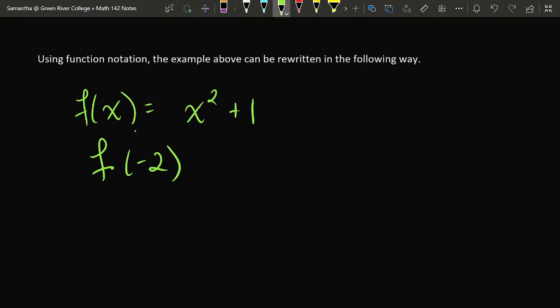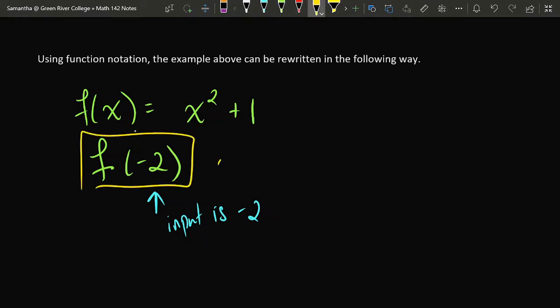What they want me to do is to square the input. By giving me the number -2 inside the parentheses, they've specified that the input number is -2. So let's find the corresponding output number. What happens to -2 after you run it through the function which is called f?